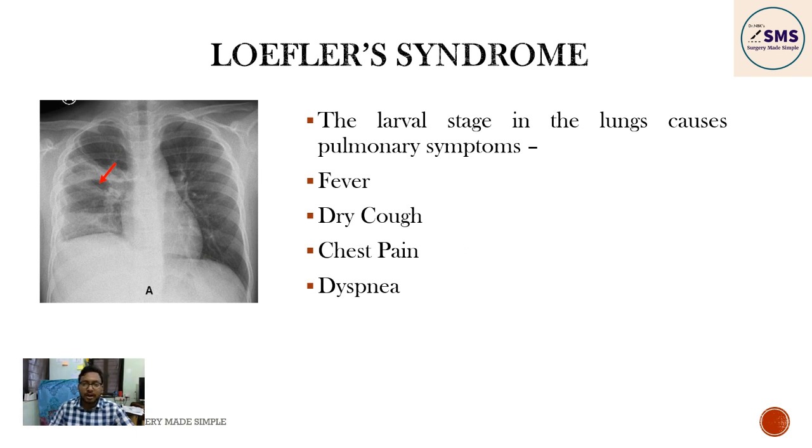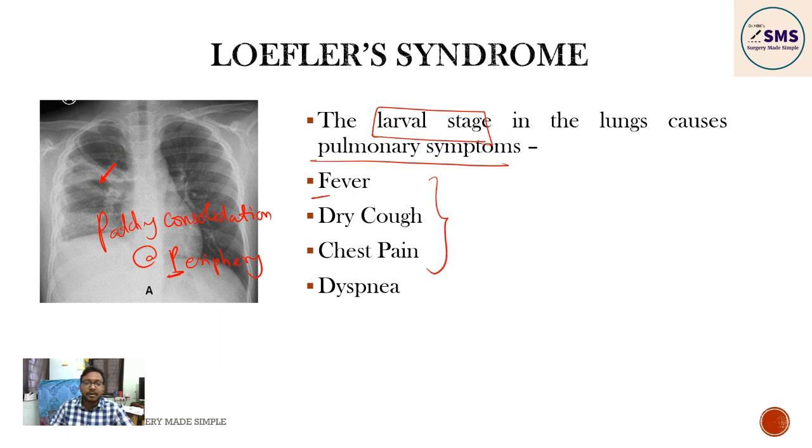Next one, Loeffler syndrome. It is one of the advanced stages of your ascariasis, where the larval stage will be affecting the pulmonary system. So what will it cause? It will cause patchy consolidation, especially in peripheral areas, at the periphery. How does the patient present clinically?